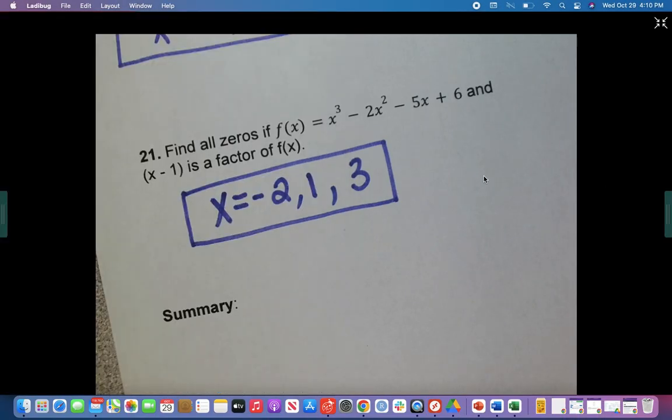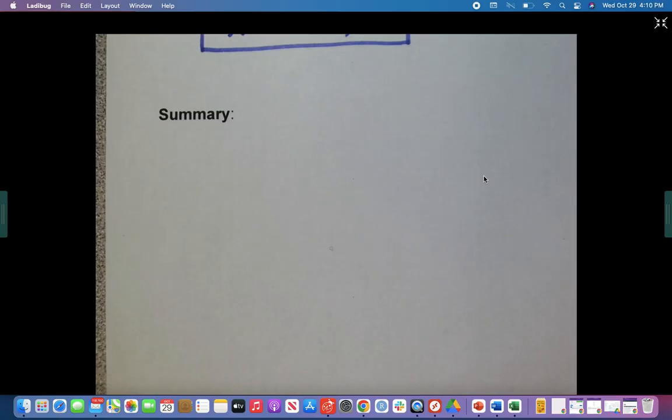All right, so that is the test review. For the summary, I want you to summarize the review, like the different concepts that you still need to work on, that you need to focus on for studying. So everybody's summary should be different.